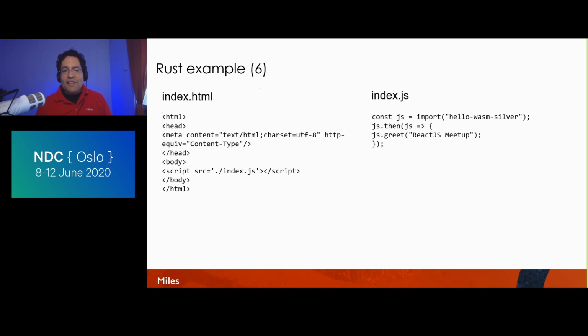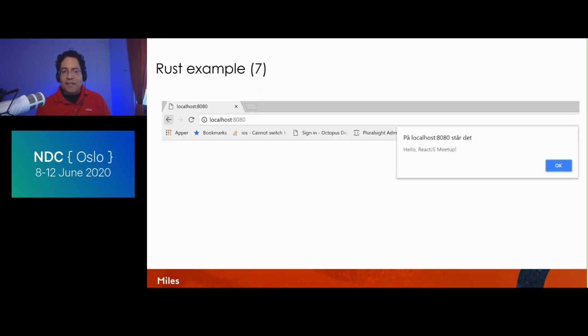We are using an index.js file where we can bootstrap our Wasm Silver package. We call this asynchronously with JS, and then JS greet, and then whatever we want to have output on the website. And then this is the result from that.